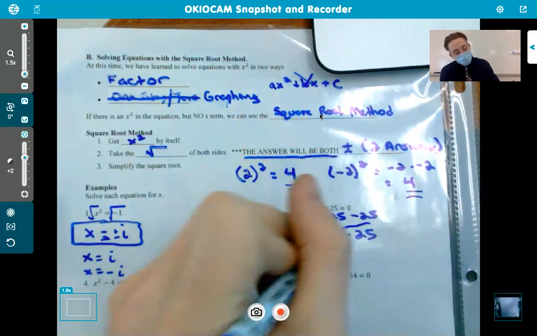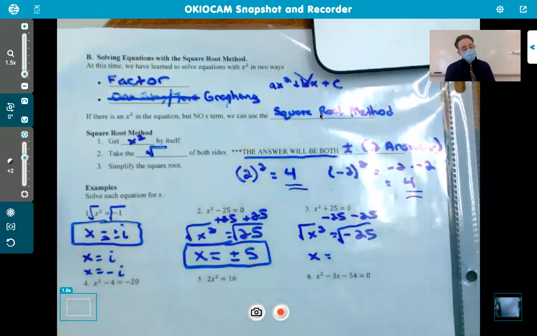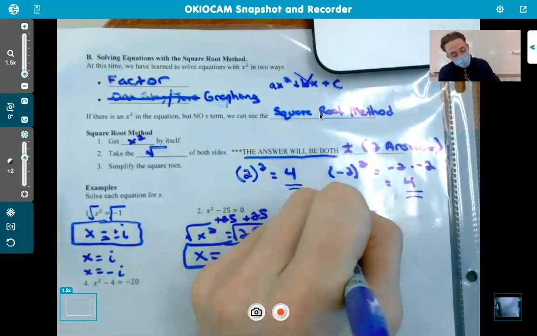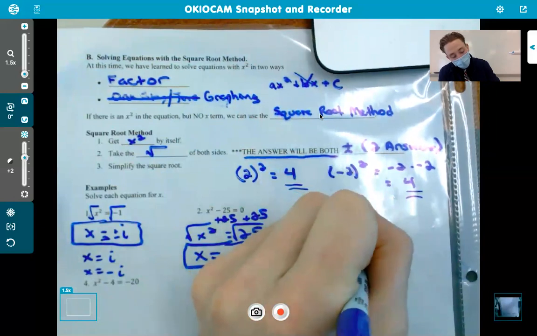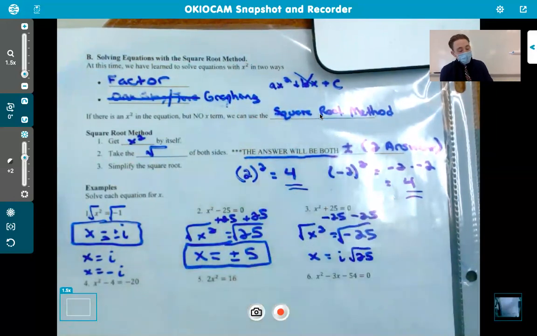Now notice how this is going to be different than example 2. I was taking the square root of positive 25. I'm taking the square root of negative 25 now. How would I simplify this on my right-hand side of the equation? Take out the i first. So I have i square root of 25. We know that the square root of 25 is just 5.